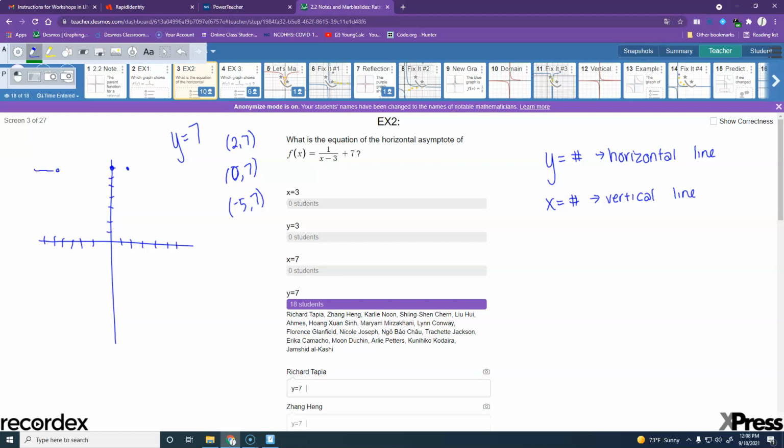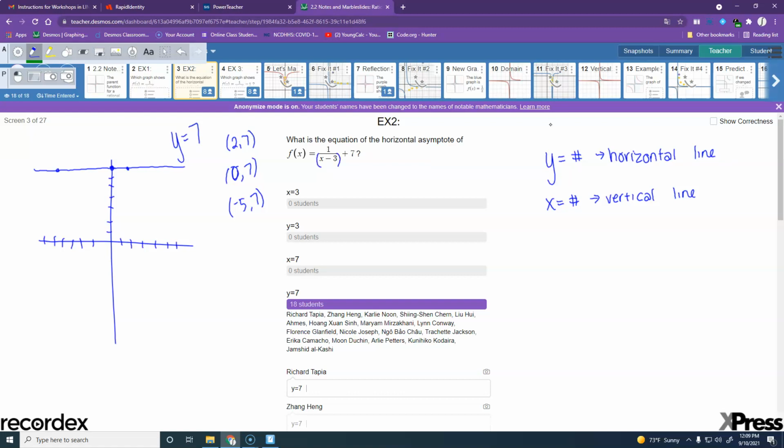So all those points are going to be on that horizontal line because they all have that same y coordinate, the y coordinate of 7. So the x equals, those would be vertical lines. So they would not be the correct answer.